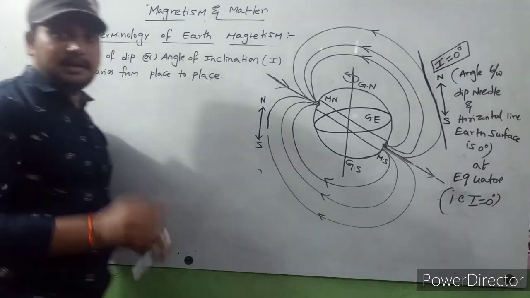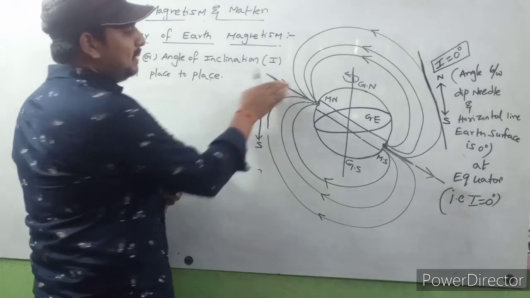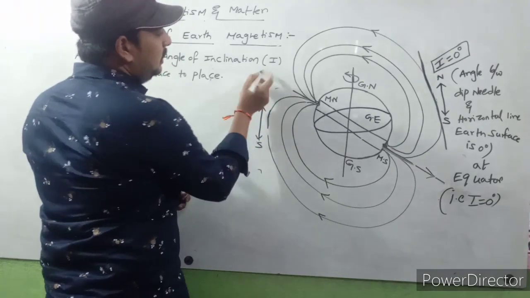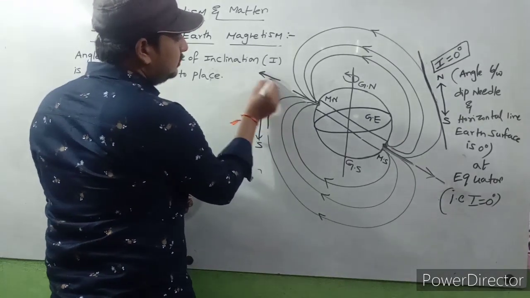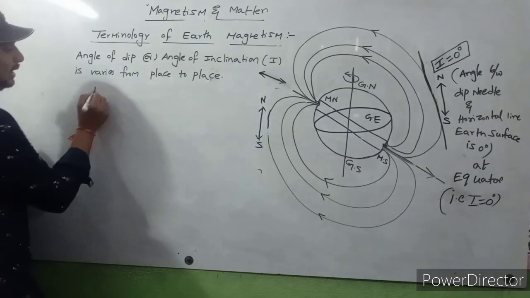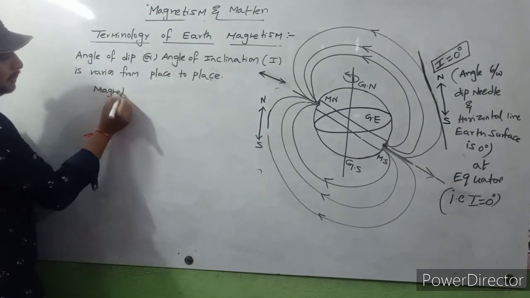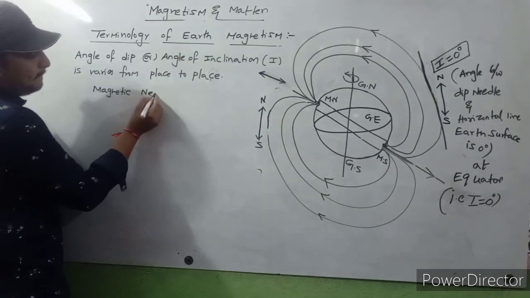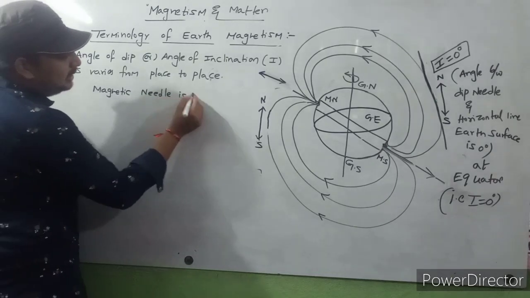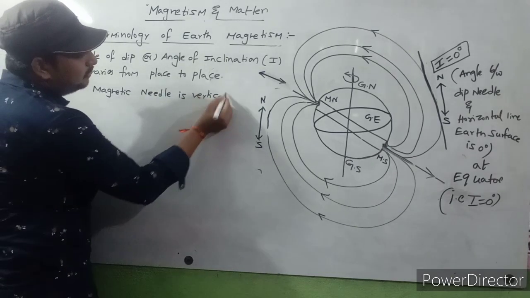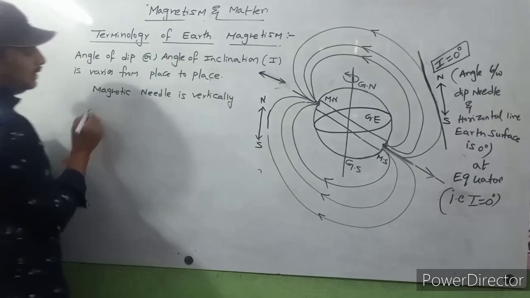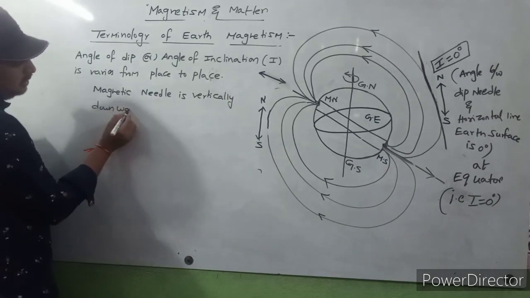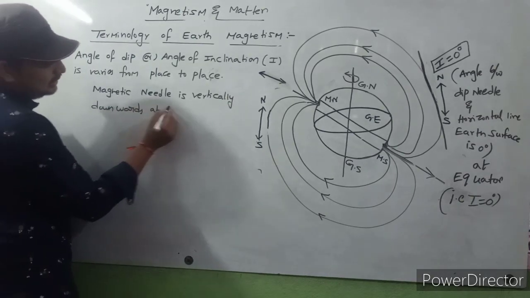So let us consider a magnetic needle. If you place a magnetic needle here, this is a magnetic needle. The magnetic needle is vertically downwards at two places.